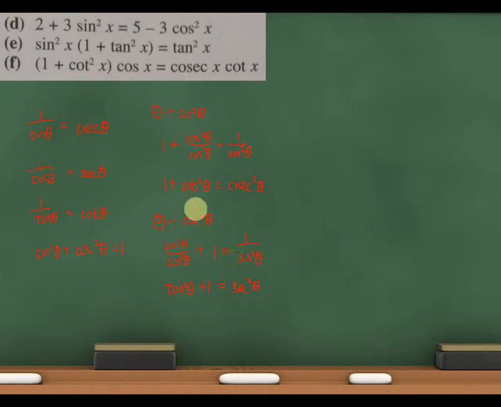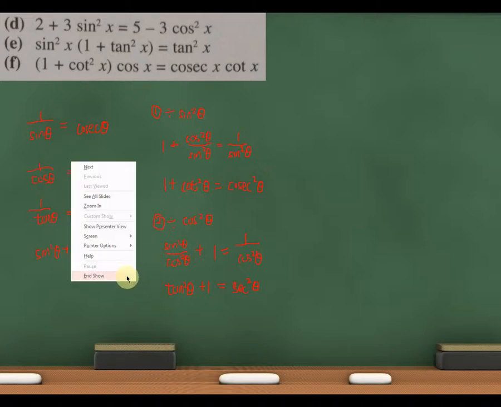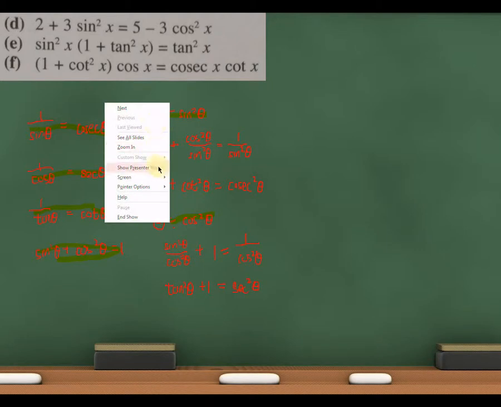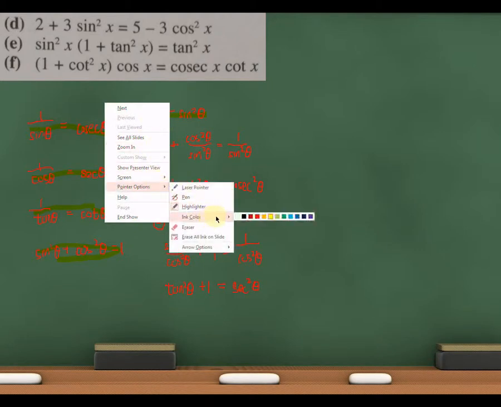So you can see that there's no need to memorize all the equations. All you need to do is remember this, and for the top three, you derive by dividing by sine square and cosine square. Now let's start solving questions.